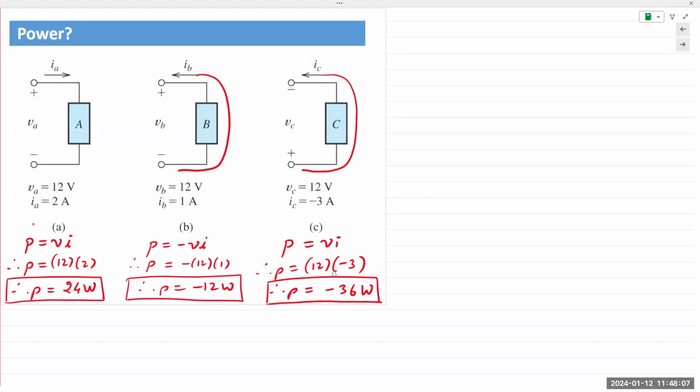But then because it's given minus, I need to change the direction of the current. And instead of doing 12 times -3, they would do 12 times 3 and end up with the incorrect answer. So again, that's why I keep harping on that. Make an assumption and stay consistent till the end of your problem. You will end up with the right answer and full credit.